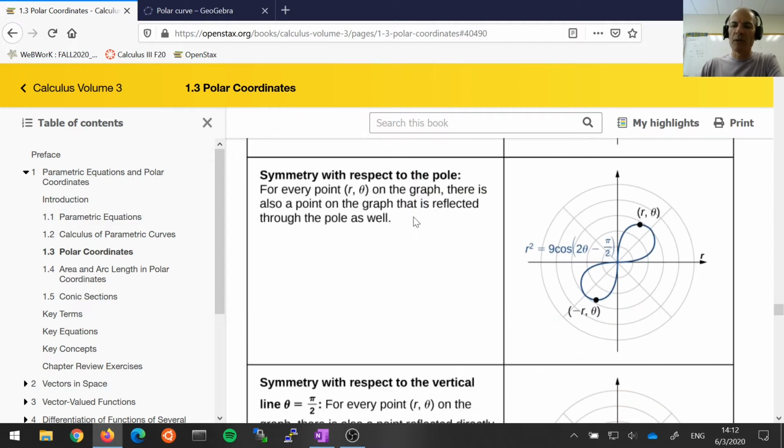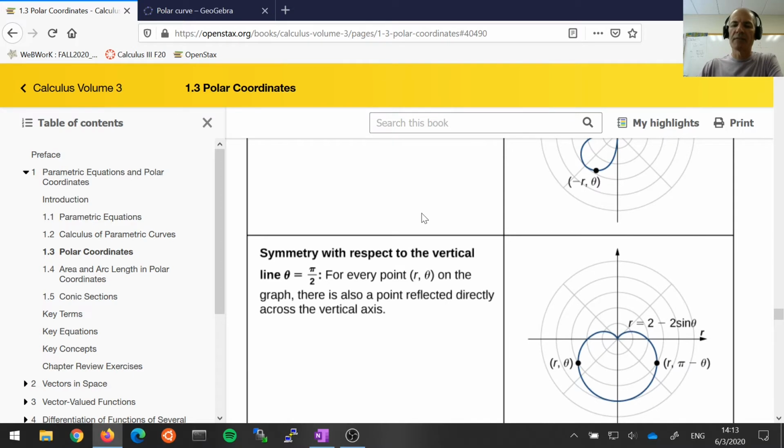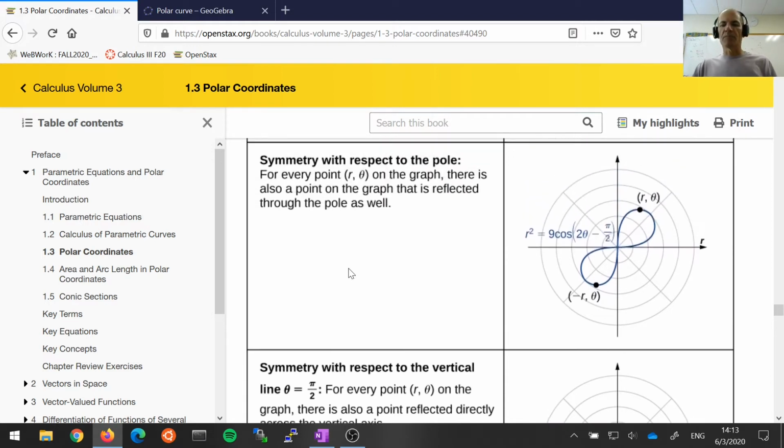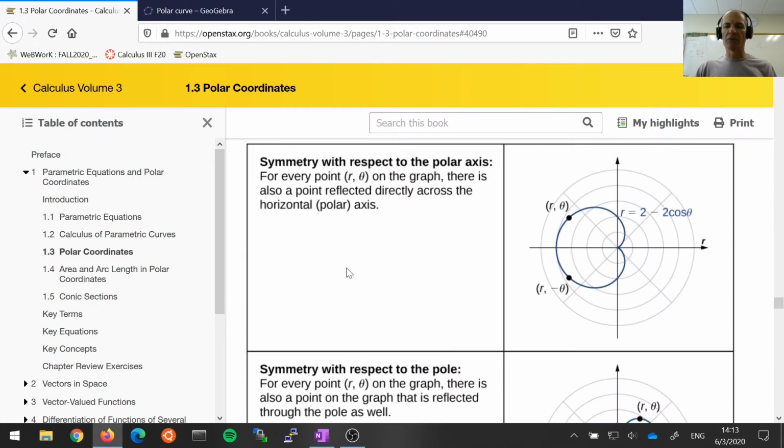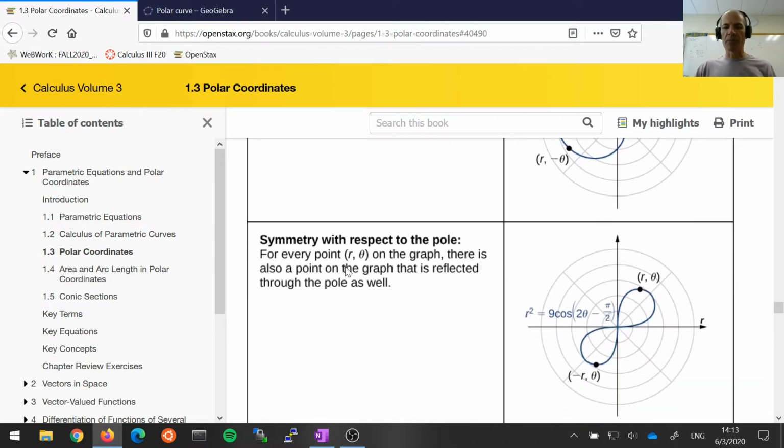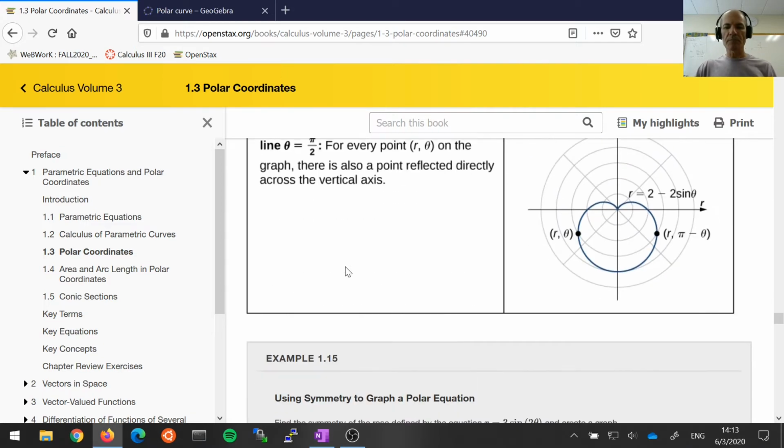If it's symmetric with respect to some other axis, some other fixed theta, then we say with respect to the pole. And if it's symmetric with respect to the vertical axis, we just say with respect to the vertical axis. So these are just nomenclature or vocabulary words that we associate with polar curves and polar coordinates. Not super important for our purposes here, but nice to know.